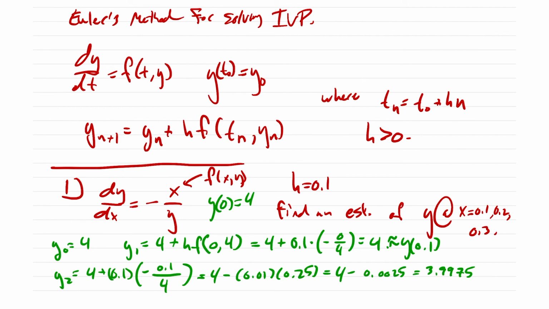Yeah, that works. And so there you go. Not a big difference, but that is the answer. And so this is at y of 0.2. So that's roughly what that is.